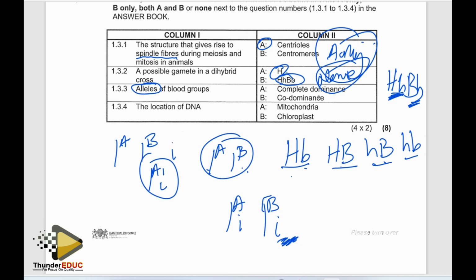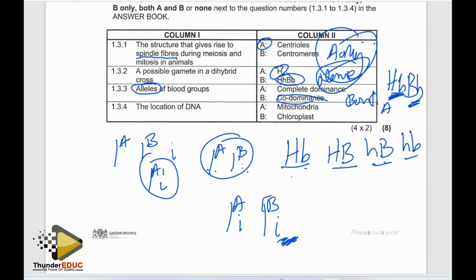But I'll say that it is both A and B. Both A and B, because if it is A and B, definitely that is codominant. But don't forget that these are genotypes, but they are talking alleles.